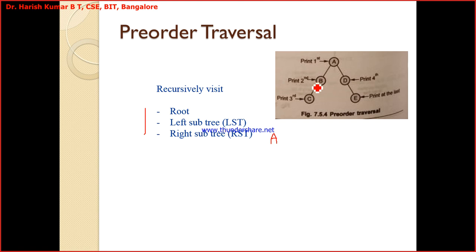The left subtree of A has the root node B. Next, what gets printed is B, and next is C, then D, and last is E. So same example, but when I traverse this tree using pre-order traversal, this is the order in which the nodes get printed. Now this may be confusing for you. So we will try to use the same approach that I showed you for the Inorder Traversal. I will start writing now.